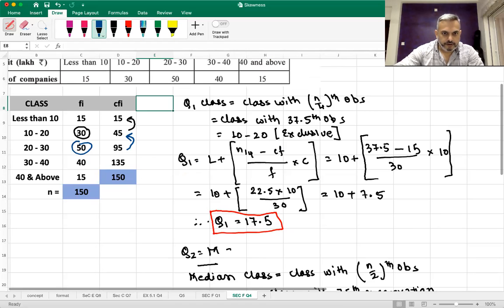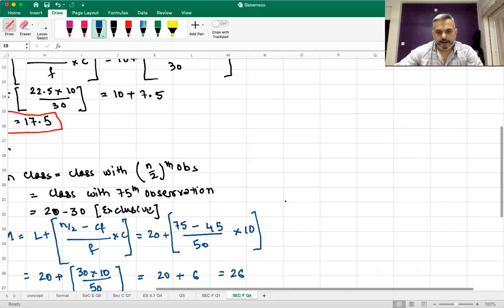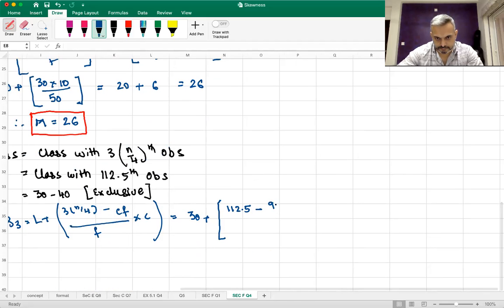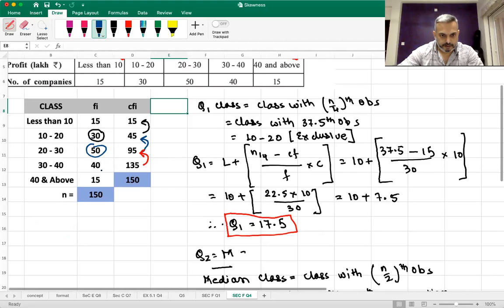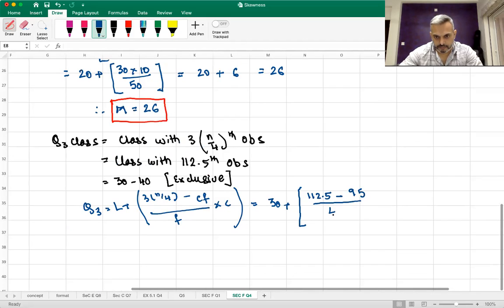So over here, we use a different color. So this one, 95. Okay, so 95 upon frequency is 40, into class length is 10.